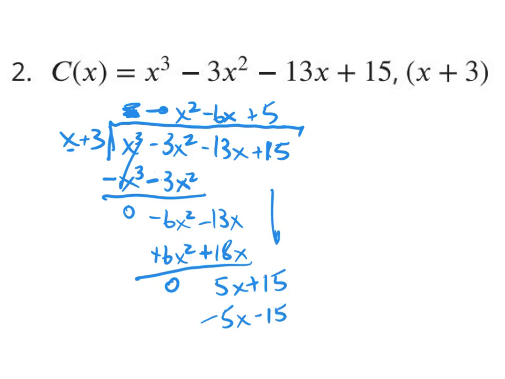Change both signs. We get 0. Now, our factors are x plus 3 and x squared minus 6x plus 5.